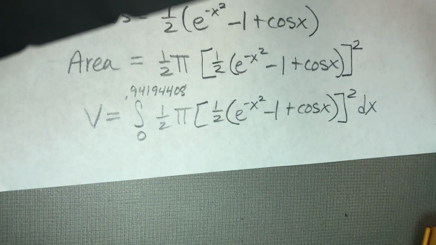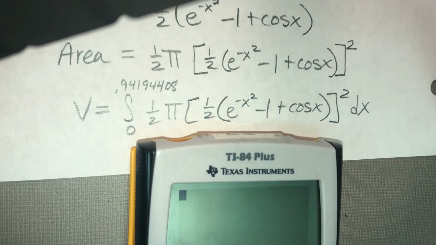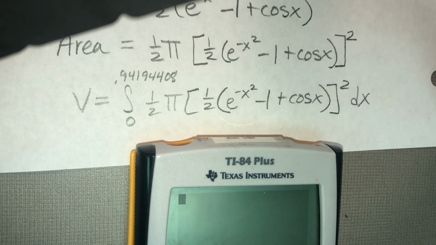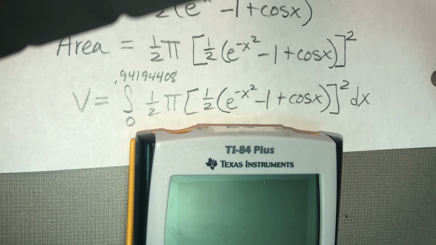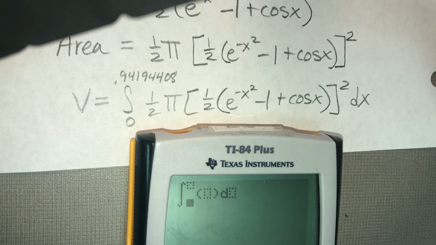So I'll type this in the calculator, see if I can get it right. Lots of button pushing. Alpha, window, number 4 for function integration. 0 to 0.9419448.